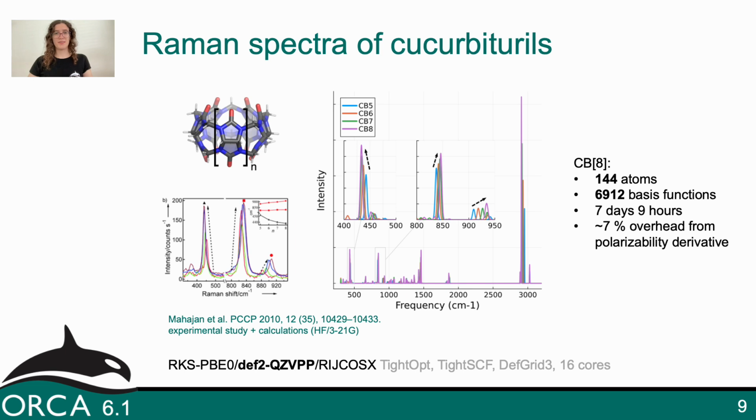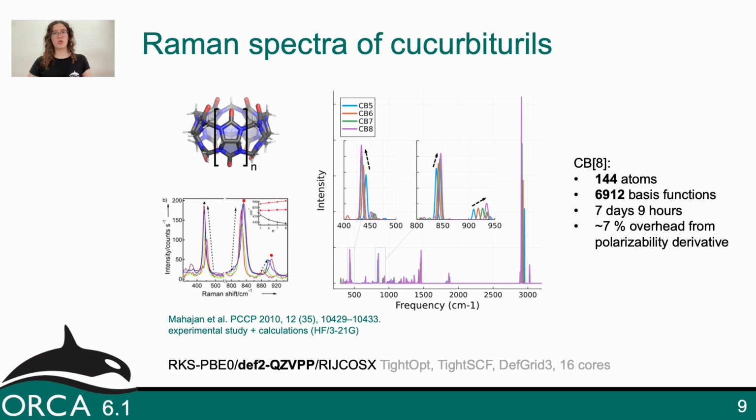And now that I've hopefully demonstrated that the program is efficient, I'd like to show you the biggest thing that I've thrown the program at, which are the Raman spectra of these cucurbiturils. Cucurbiturils are macrocycles that are often used in supramolecular chemistry.